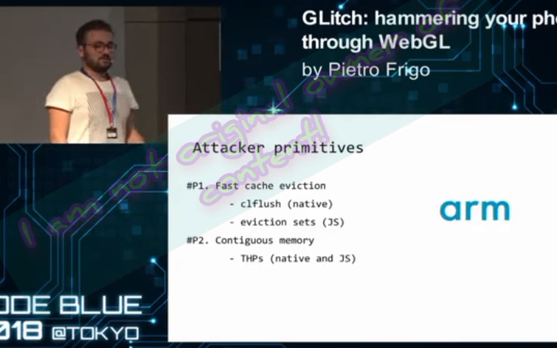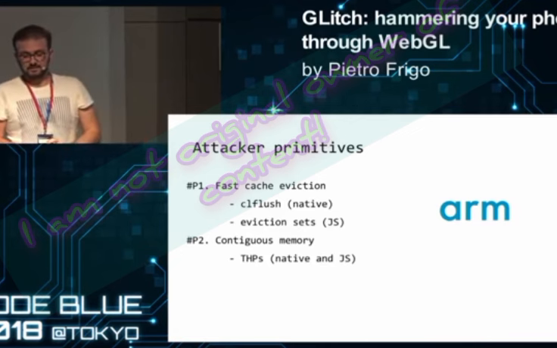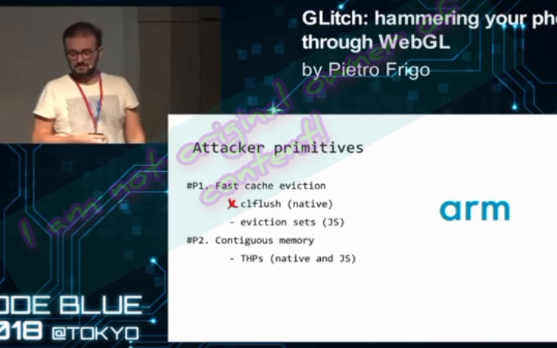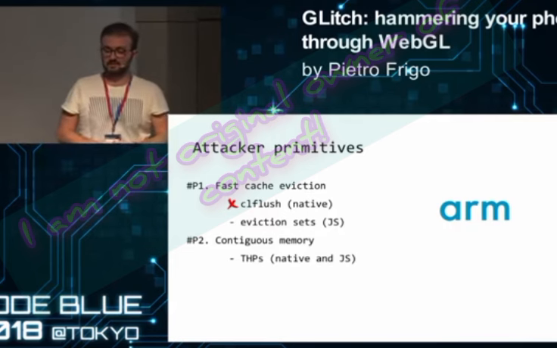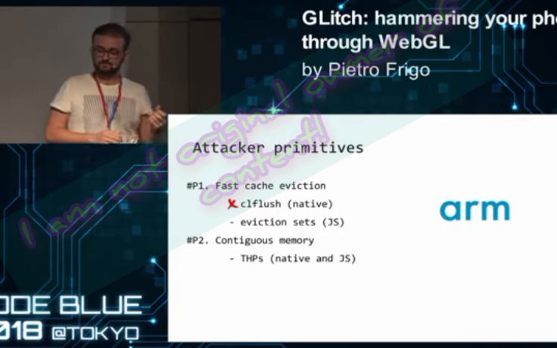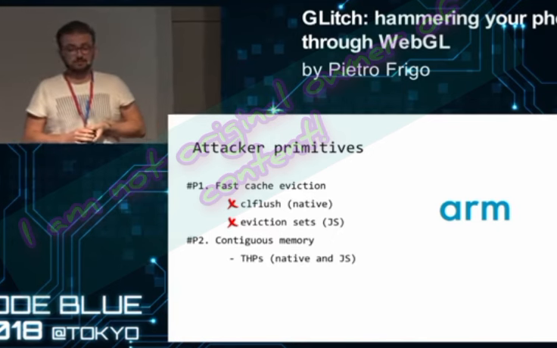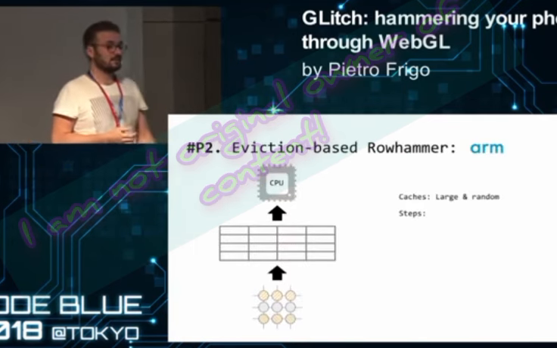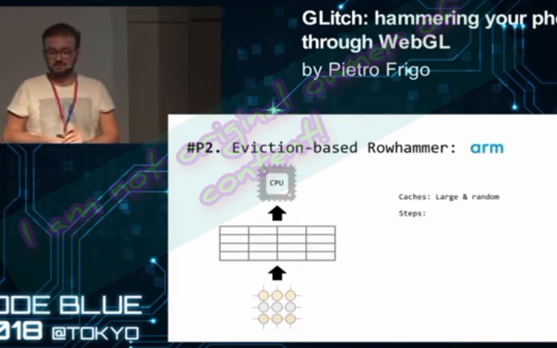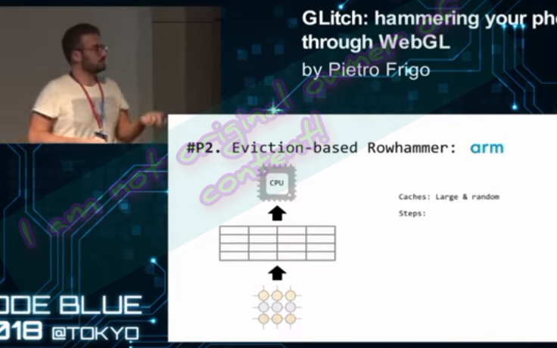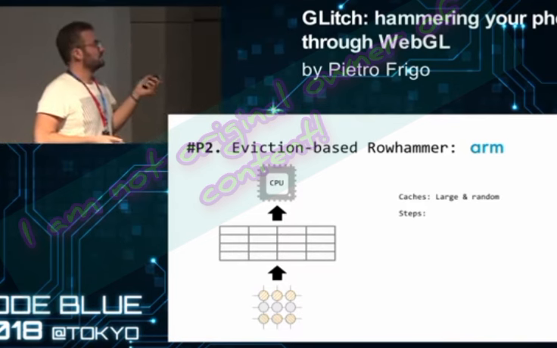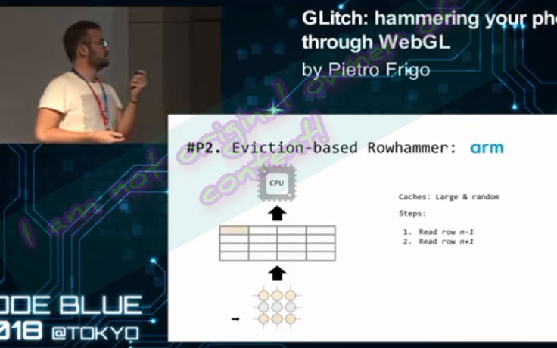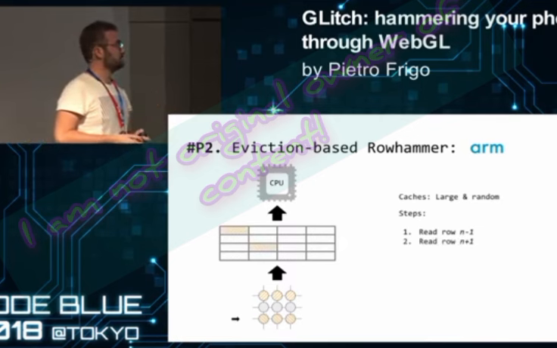Now, when you bring all this to mobile platforms, so on ARM, it turns out that CLFLUSH is a privileged instruction, so you cannot use it in a user-space application. And eviction sets also don't work, because the CPU caches are too large and implement a random replacement policy. This means that, for instance, if you want to trigger your Rowhammer bit flip, you touch the first row, and the content goes to the cache, then the second row, and the content goes to the cache.